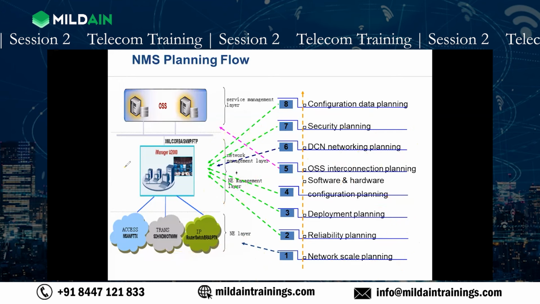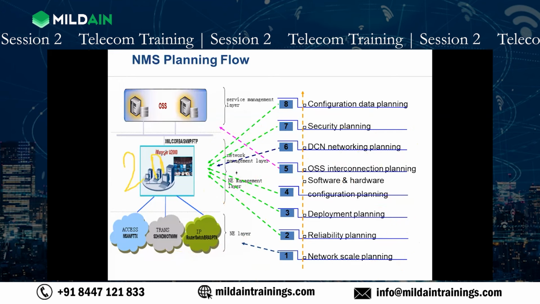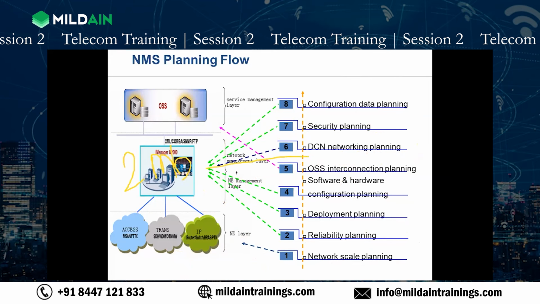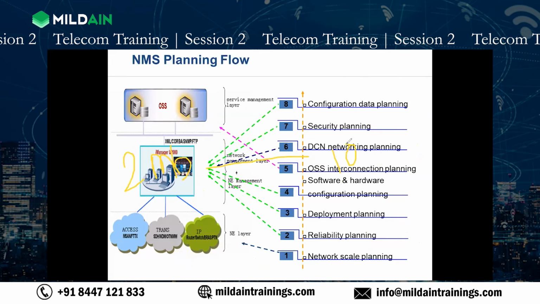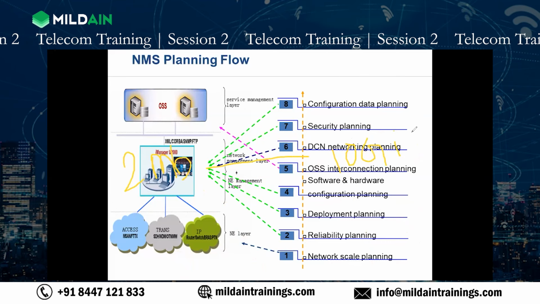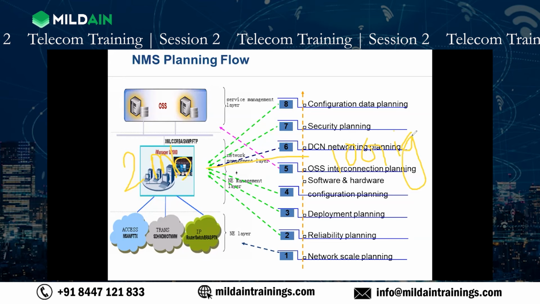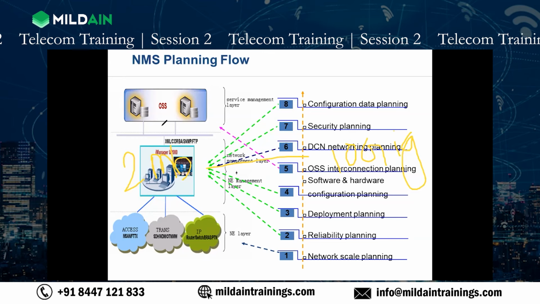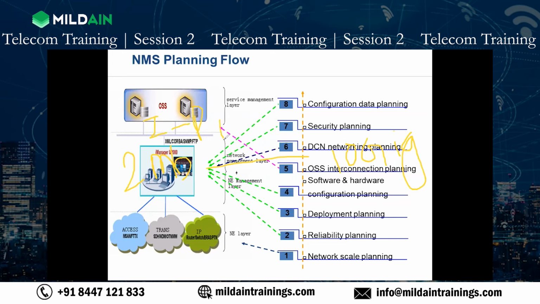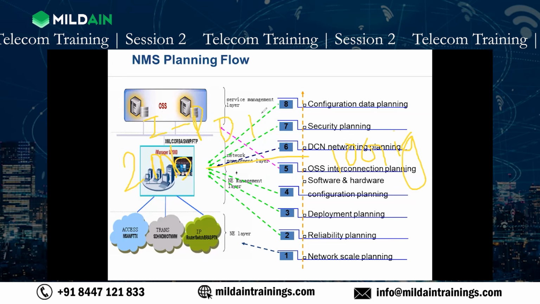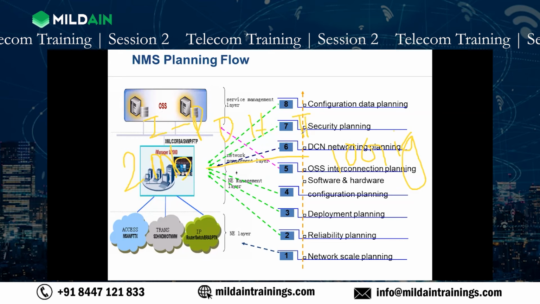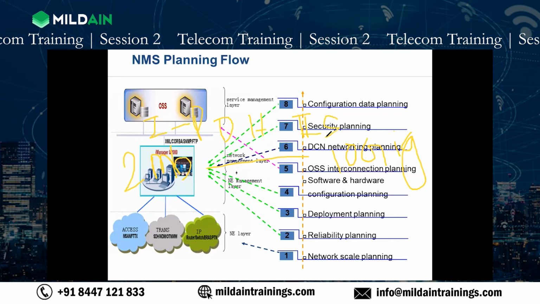Starting from 2 Mbps on a single physical port, now you can have 10 gigabit on a single interface. This was the journey. First phase was PDH and second phase was SDH.